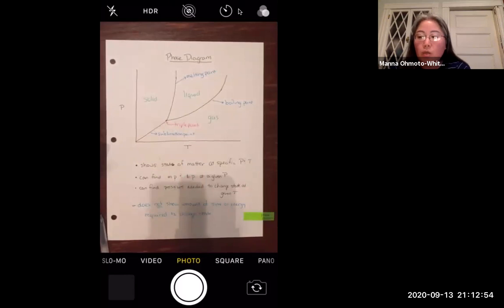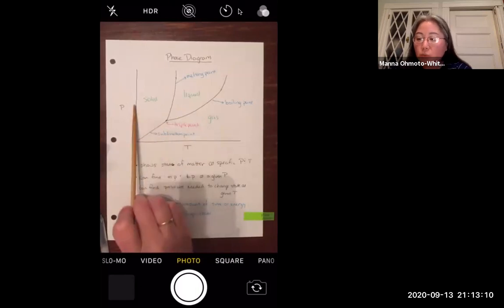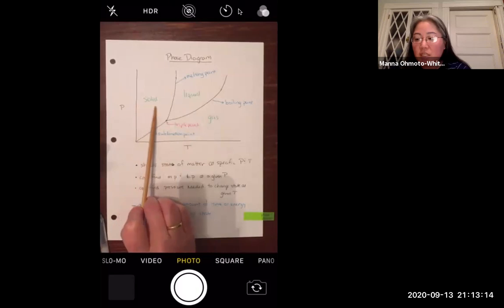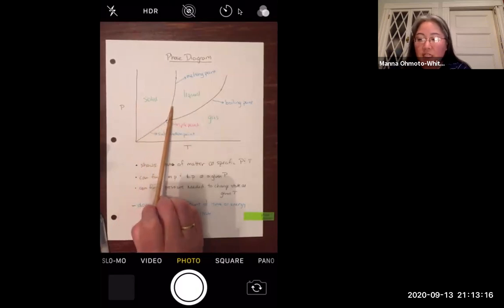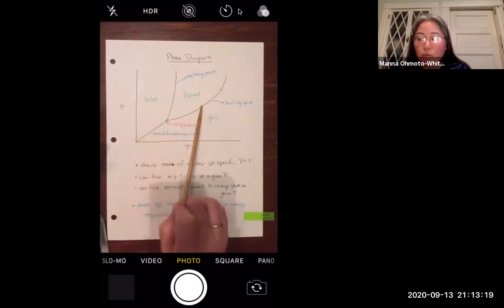In short, a phase diagram can show us what state of matter anything is in at a particular pressure or temperature. You can find the melting point, which is the temperature at which the solid changes to liquid at any given pressure, and the boiling point. Or we can find the pressure needed to change the state of matter at any given temperature. So I can read this going across: I keep my pressure the same, and I want to see what temperature I have to attain to get to the melting point or the boiling point.